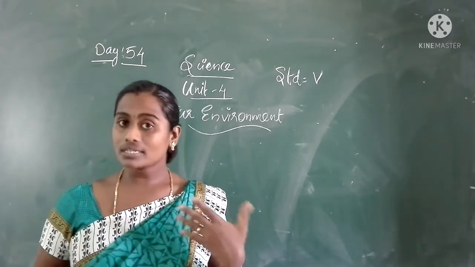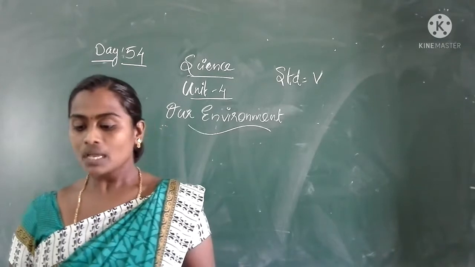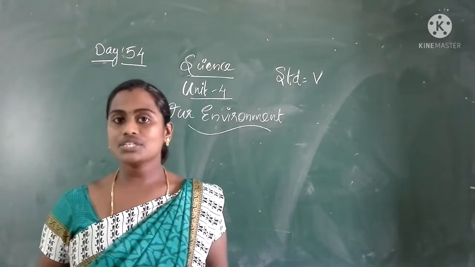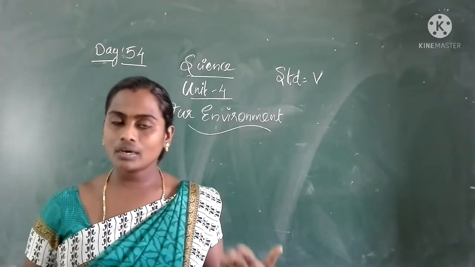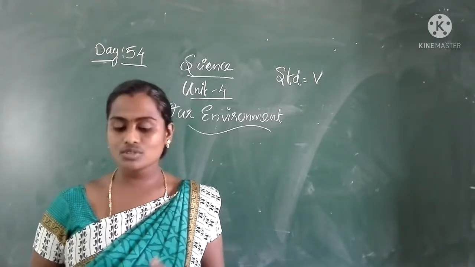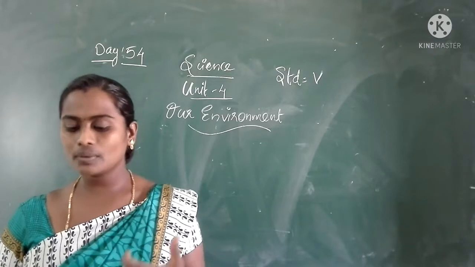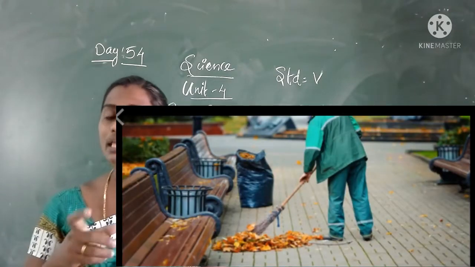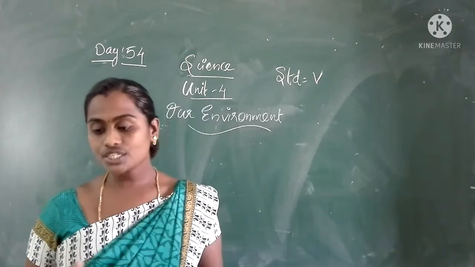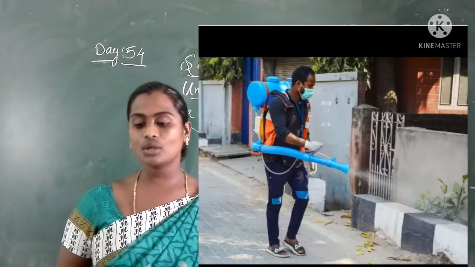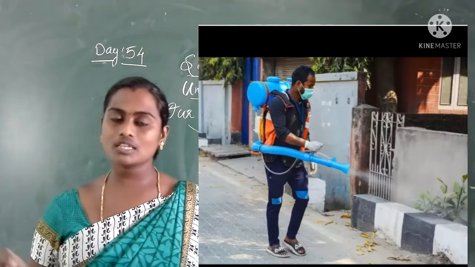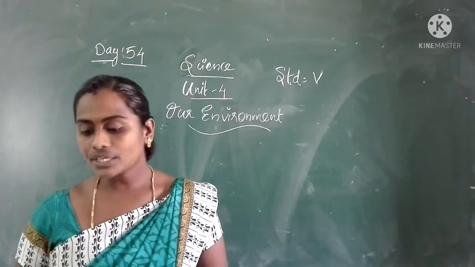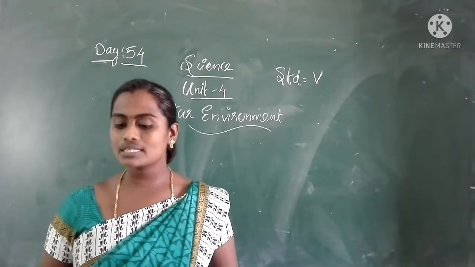And what are the other arrangements they make for our sanitation, or for keeping our environment pollution free? What are the steps? Yes, they sweep the streets daily and also periodically spray DDT or some disinfectants along the edges of the roads. They also build public toilets and keep them clean.